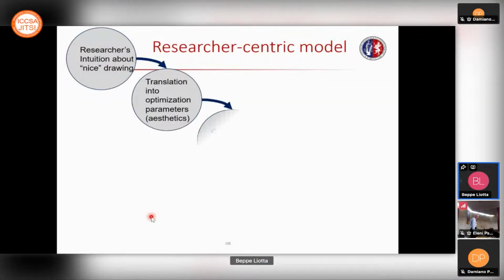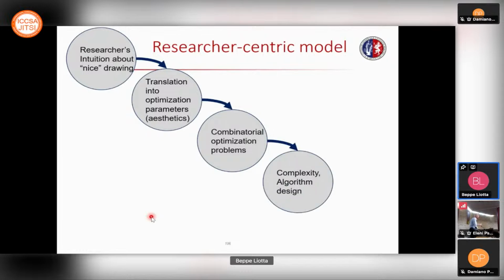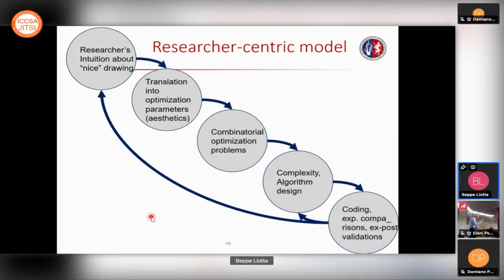Based on this intuition, they translate this into optimization parameters called aesthetics, and these optimization parameters are translated into combinatorial optimization problems. Once you have the combinatorial optimization problem, you design the algorithm, study complexity, then you code and run experiments and do ex post validations of the original intuition, which can go back to new studies about complexity or new intuitions.